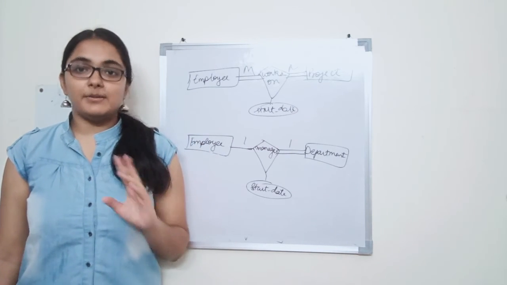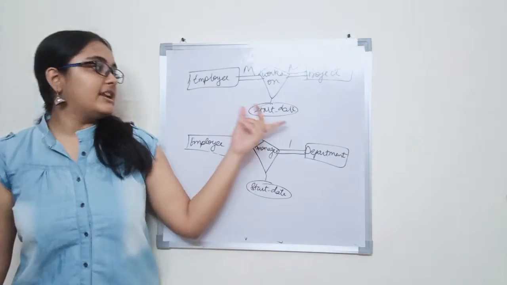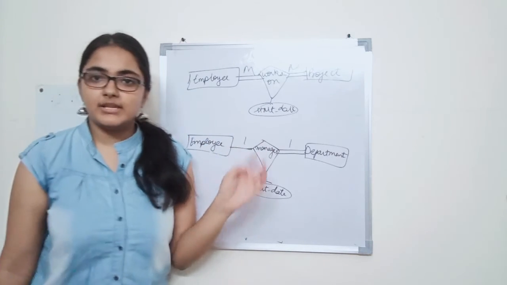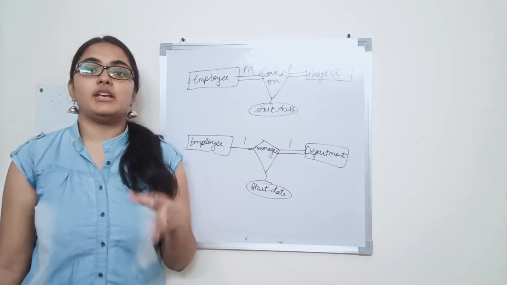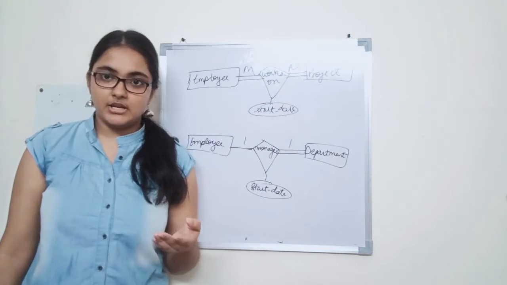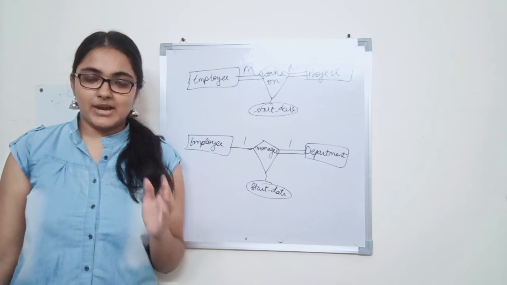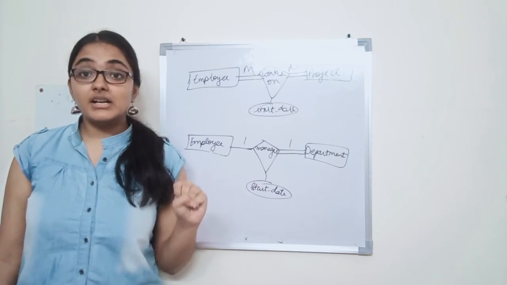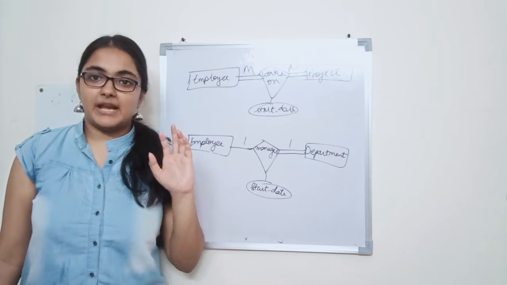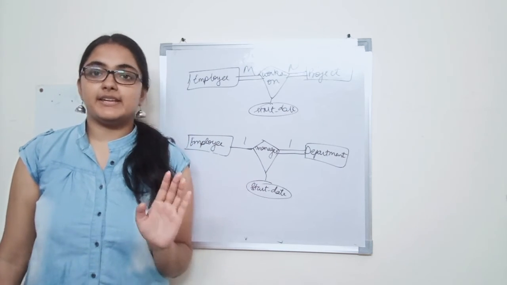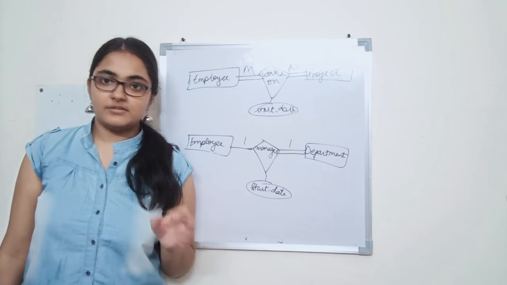We just let it remain as it is, right? We let it remain like that. What will happen to this, we will see later when we come to talking about a relational model and all. But as of now, just remember that in case of m:n relationship type, the attribute of the relationship type remains there and is not migrated to any of the participating entity types, right?